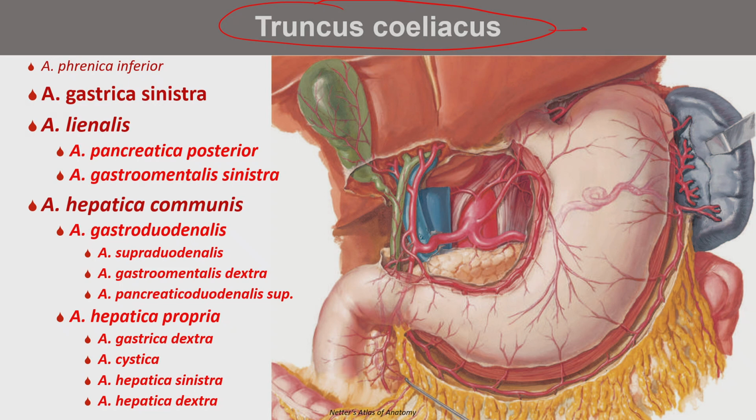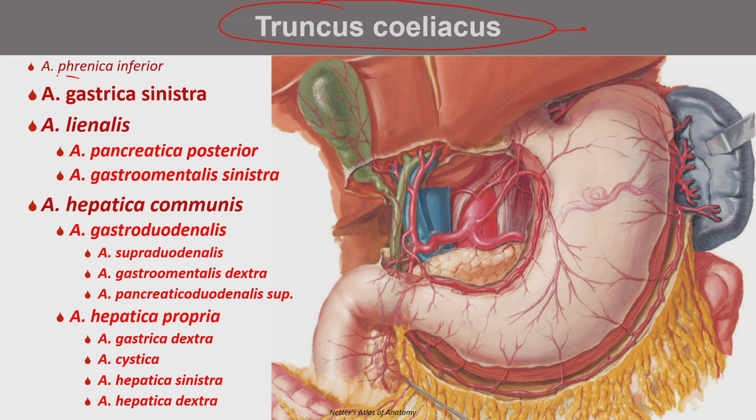All those systems are very similarly like in the brain, like in the face, communicating in the peripheral part, and also they could supply the blood to the other regions through those collaterals.